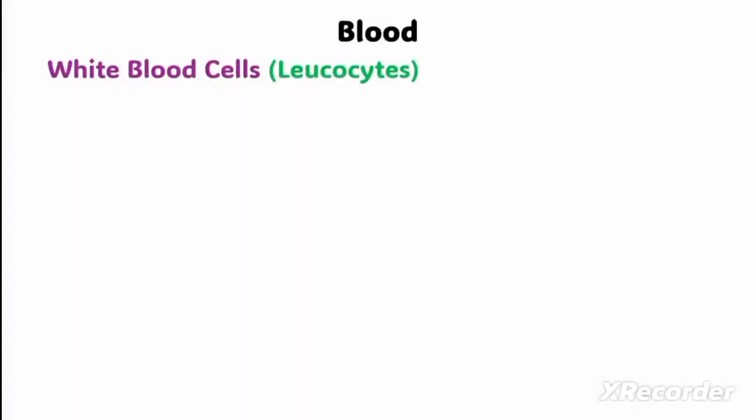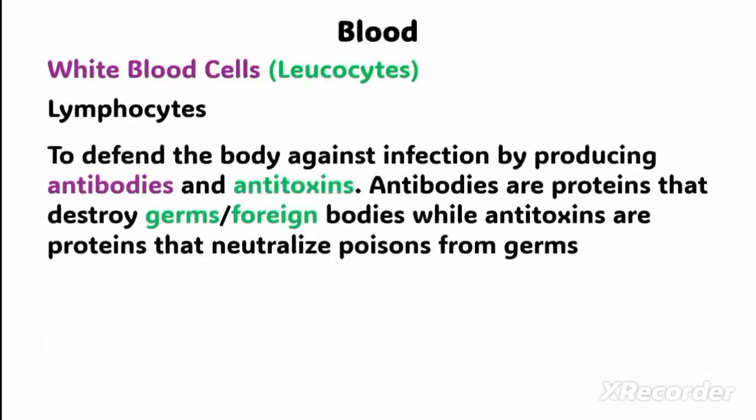Okay, so we are also going to look at the lymphocyte. So lymphocyte is one of the examples of white blood cells. So the function of lymphocyte is to defend the body against infection by producing antibodies and antitoxins.